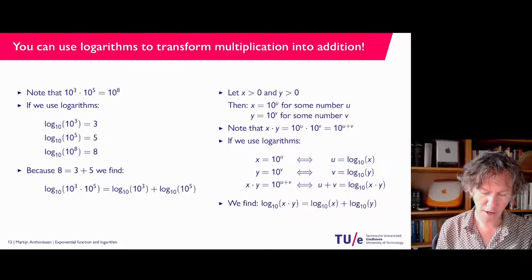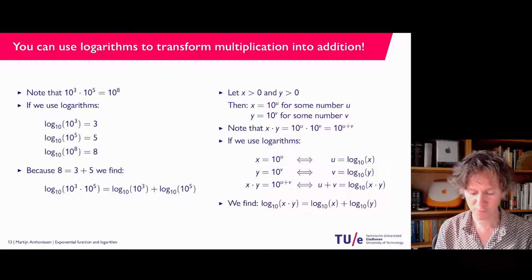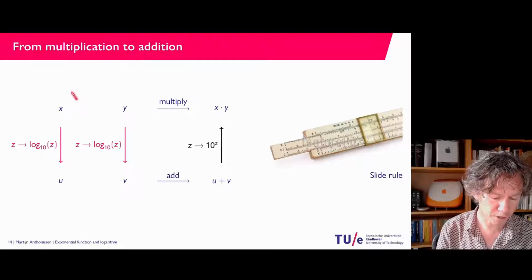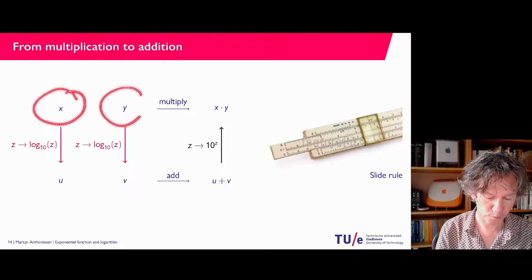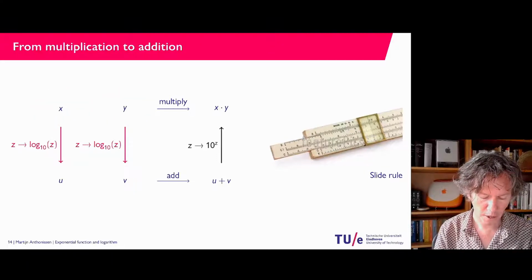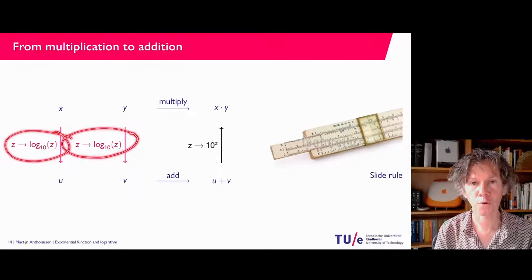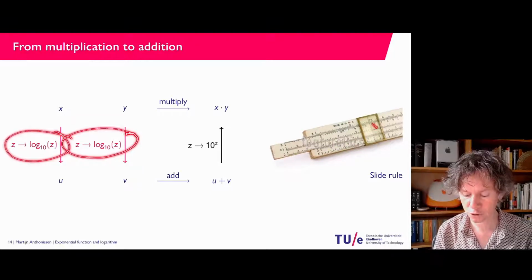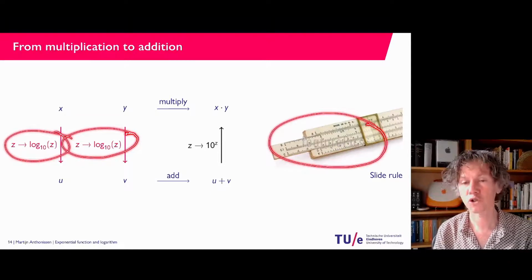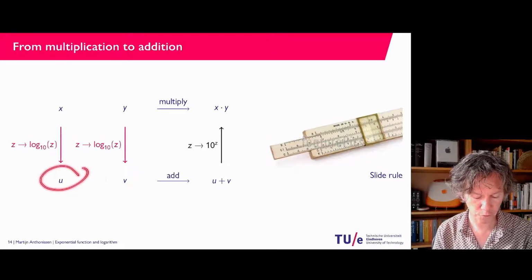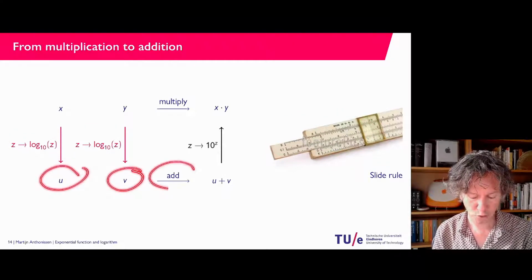And I have tried to make that even a little bit more clear. The idea is that if you have two positive numbers x and y, and you have some way of easily finding their logarithm, and one way that people used in the past before calculators is a slide rule, then you can find u and v and add them together.